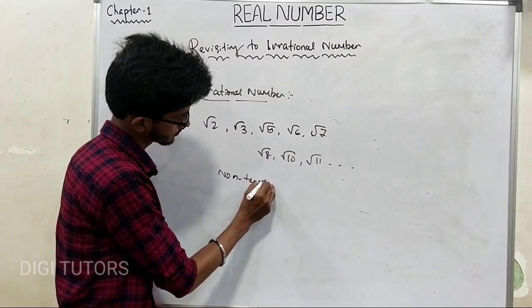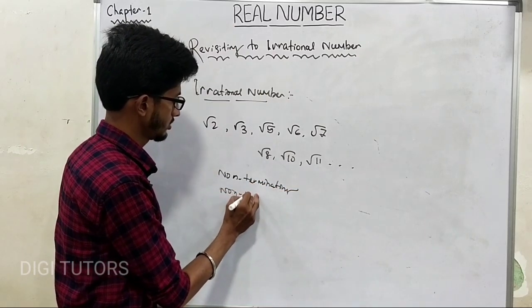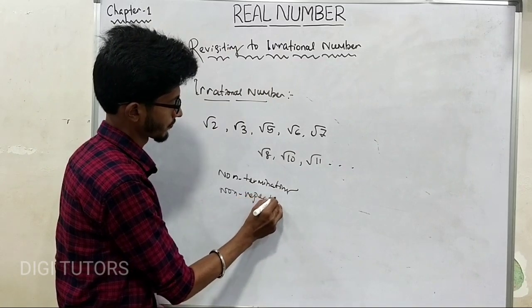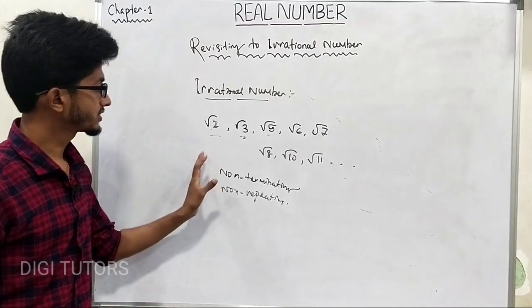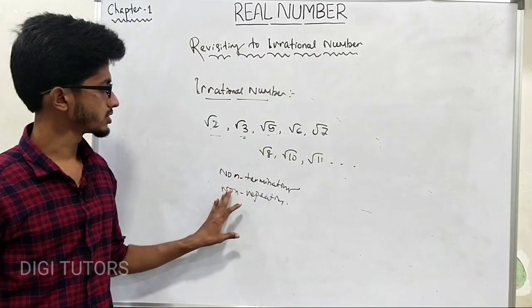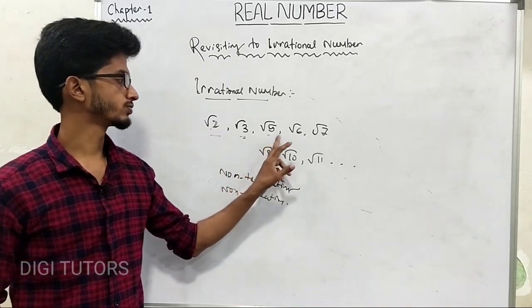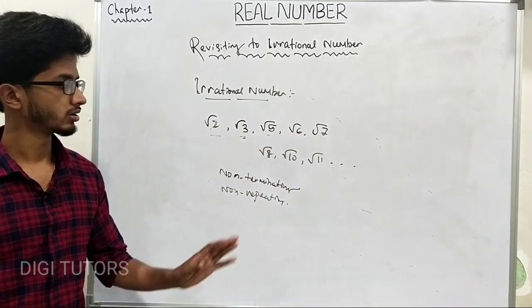The irrational numbers in the form of square roots, such as root 2, root 3, root 5, root 6, root 7, root 8 and so on, are non-terminating and non-repeating.